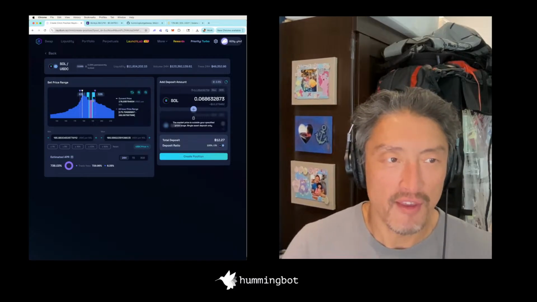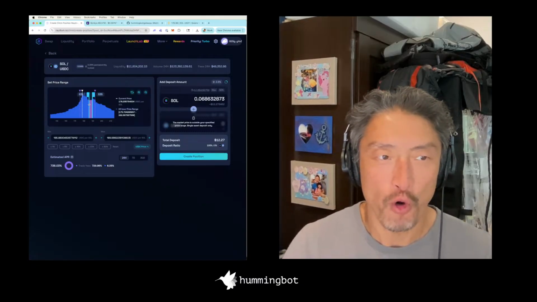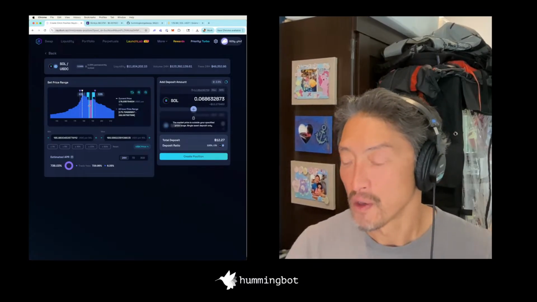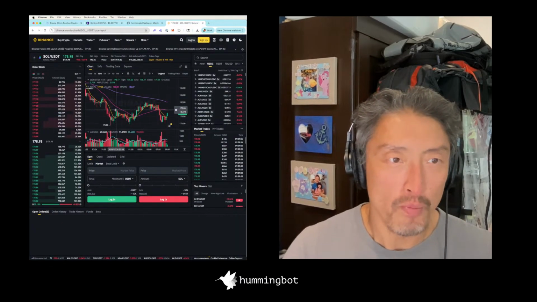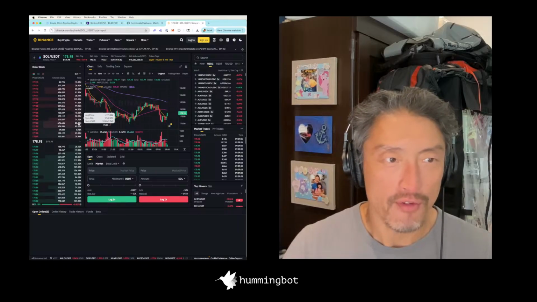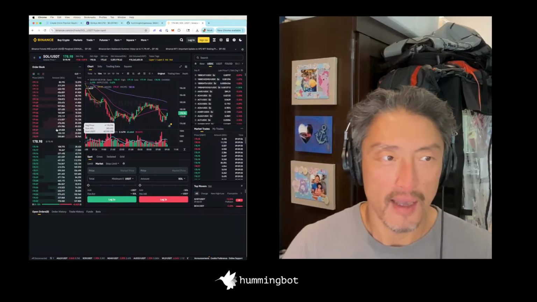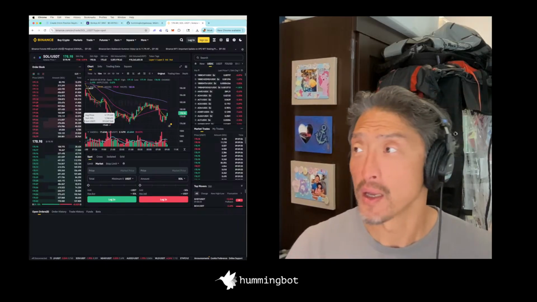If it hits this boundary here, it'll be 100% USDC, and before it hits this level, it'll be 100% SOL. So it's like you're looking at an order book like this, and you're carving out a range and saying that range is where I want to provide liquidity.